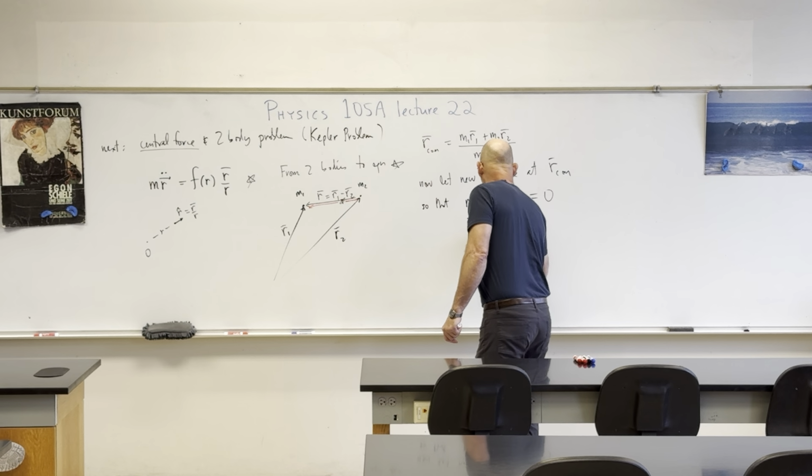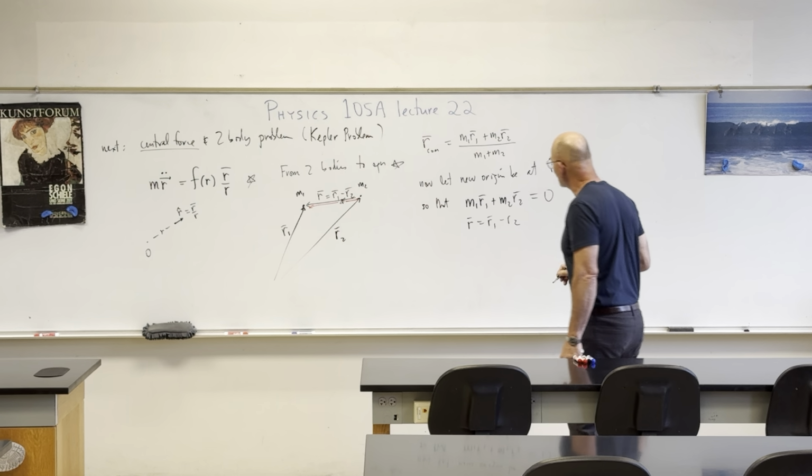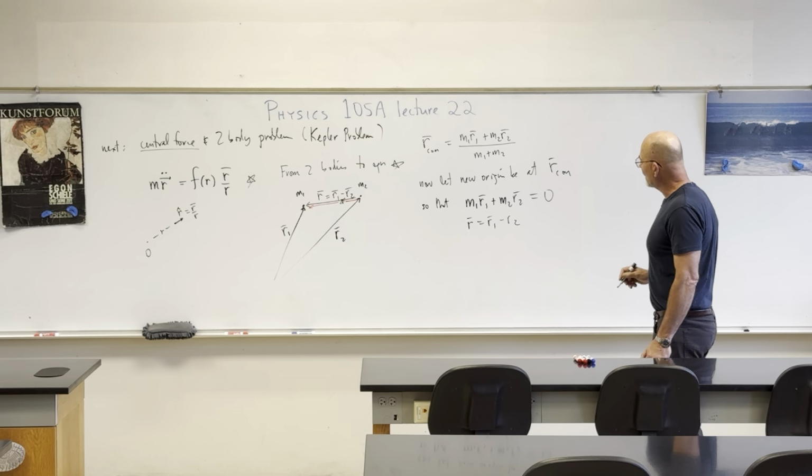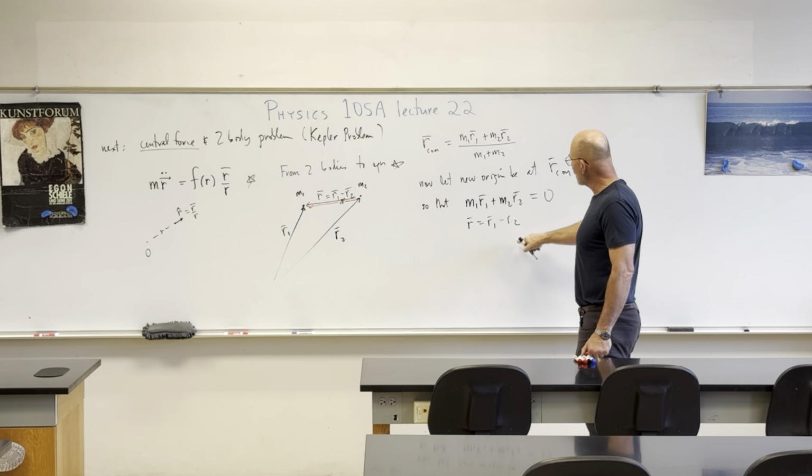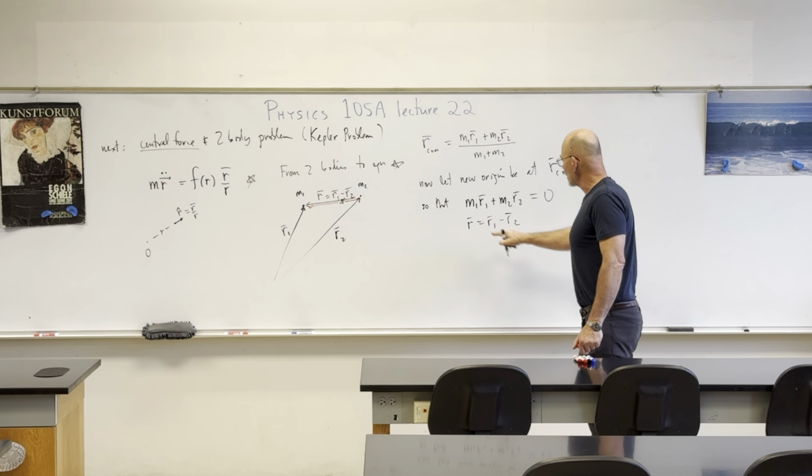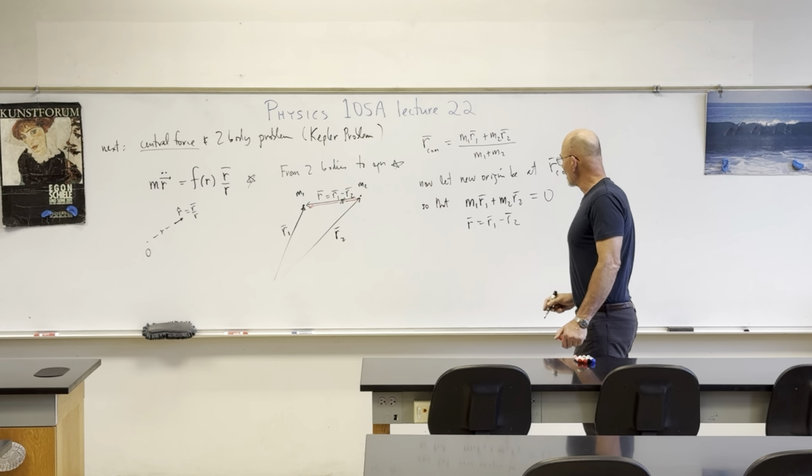So now we have R equals R1 minus R2. Now we have these two equations, and we can solve for R1 and R2 in terms of the lowercase, unlabeled r.